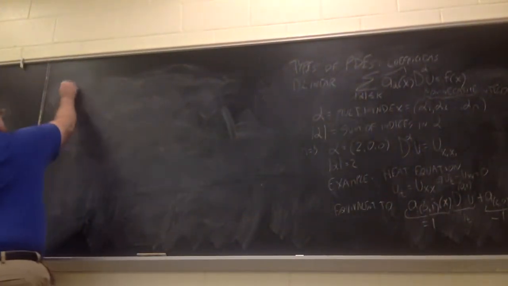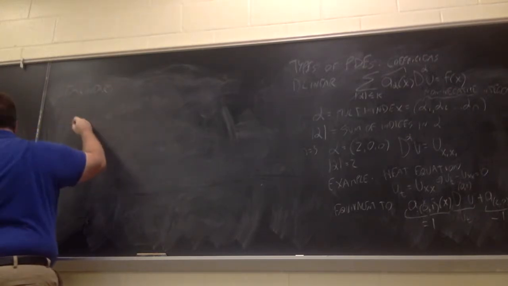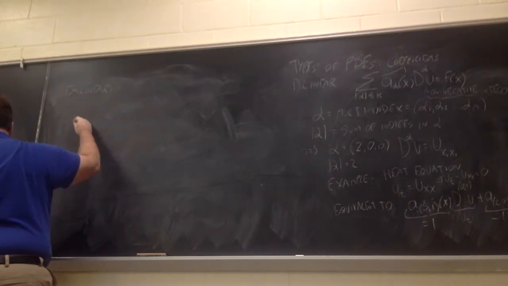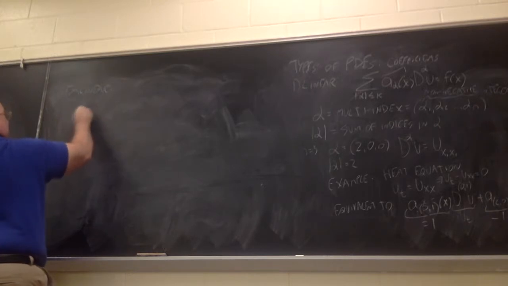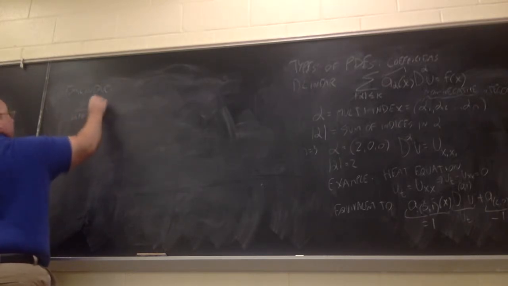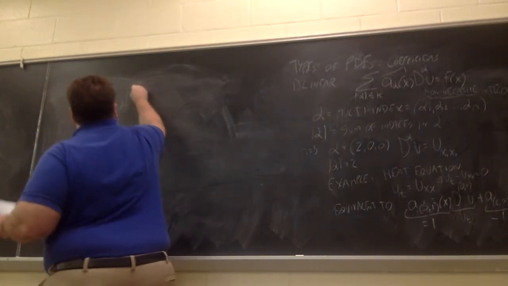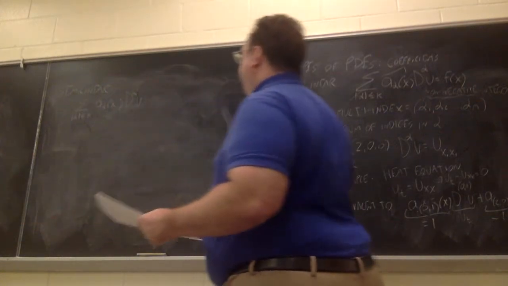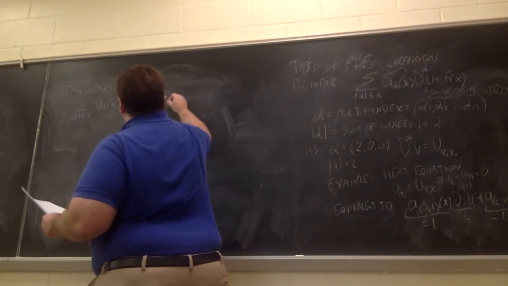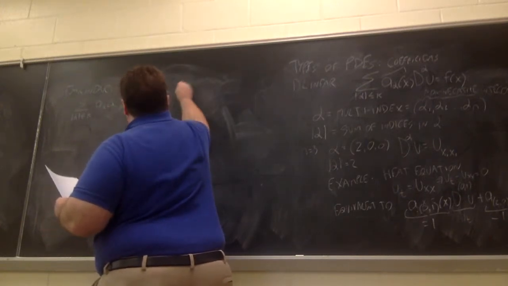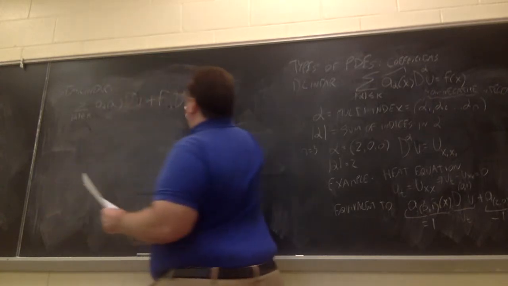We have semi-linear. For that, it starts out the same way, where you have coefficients that are allowed to depend on x but not u, times whatever partial derivatives of u you want to include. But then the rest of the equation depends on any lower order derivatives.